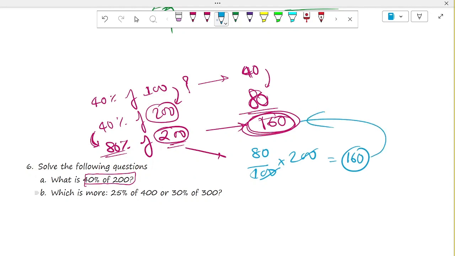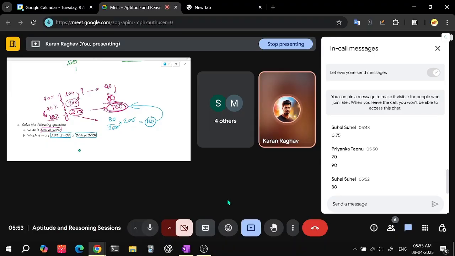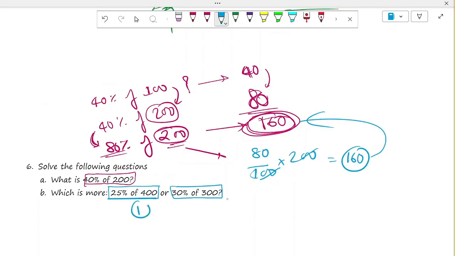Now I need an answer from you for the second question. Which one is greater? 25% of 400 is greater or 30% of 300 is greater? Which one is bigger? I'll call it the first one and the second one.